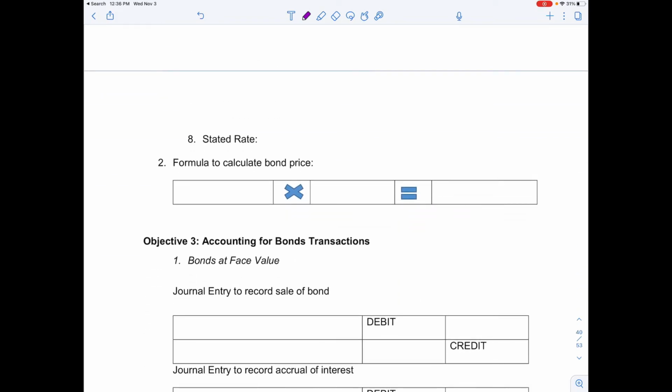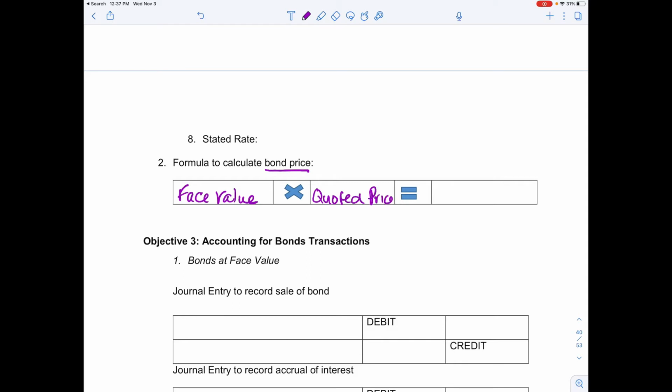What we want to focus on in this video is recording the bonds and how to calculate the bonds. So the first thing I'm going to focus on is the bond price. Because bonds are sold on the open market, that means that the amount of the bond that it's selling for is not always the amount that you're paying. So we're going to take that face value of the bond, or the par value, multiply that by the quoted price.